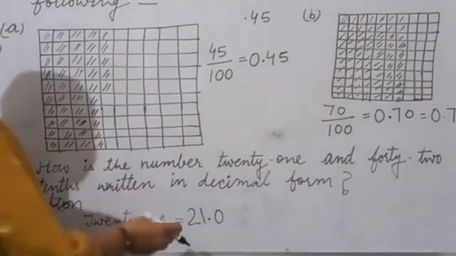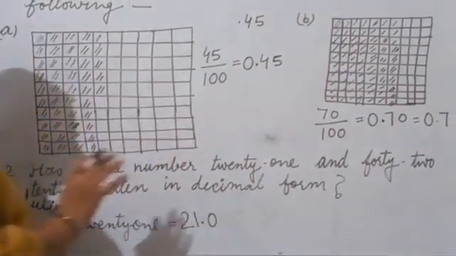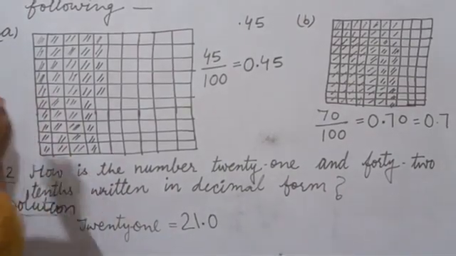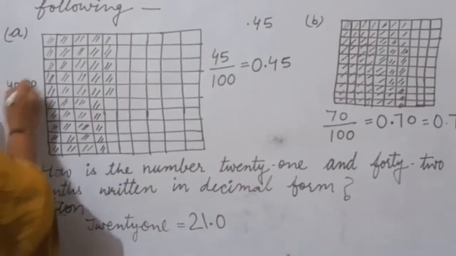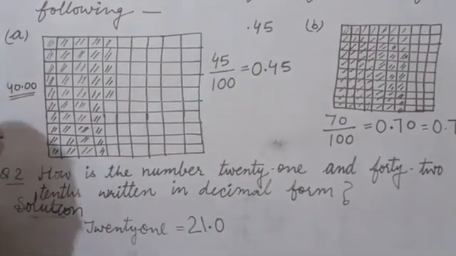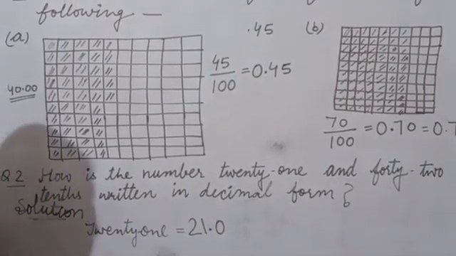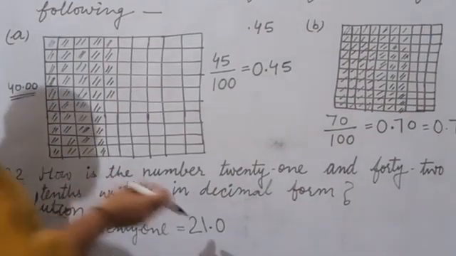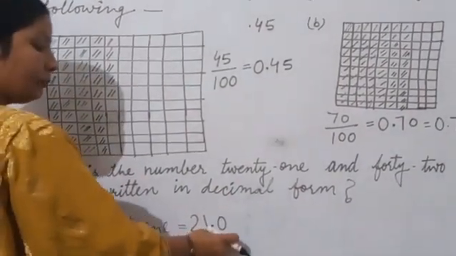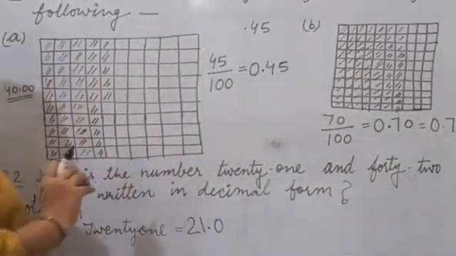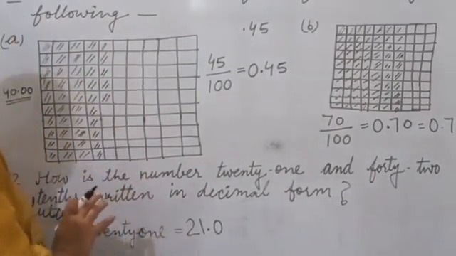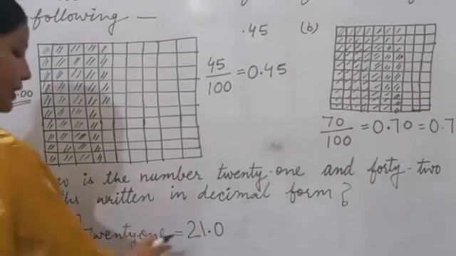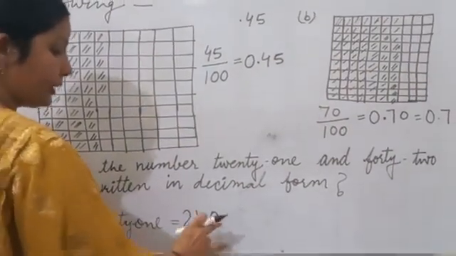So we can write 21.0. किसी भी नंबर के बाद, जैसे 40 है तो 40.0, पॉइंट के बाद 0 हम किसी भी नंबर में लगा सकते हैं, because there is no value of this 0. So first is 21, so we write 21.0.